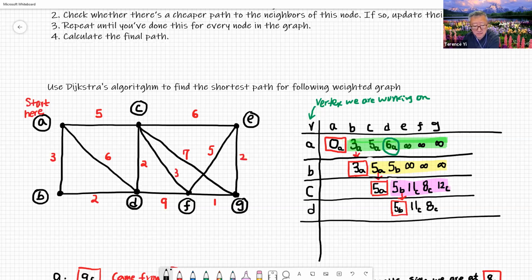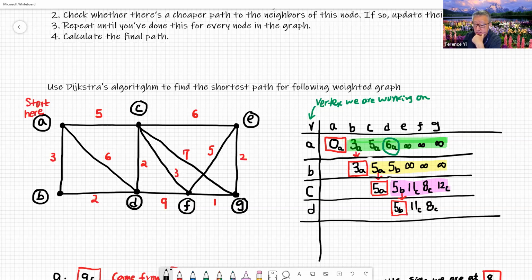In this case, C and F. Okay, so what we just did here is that we did compare that A to C and C to F. That was the 8 units. Now D to F, we compare that to A to D and D to F. So that's 15. So coming from A to C and C to F is going to be much smaller compared to coming from A to D and D to F. Okay.